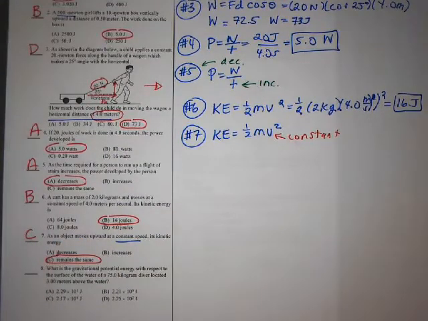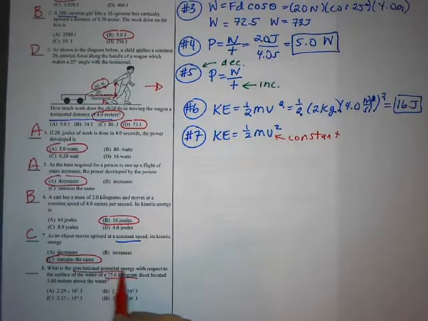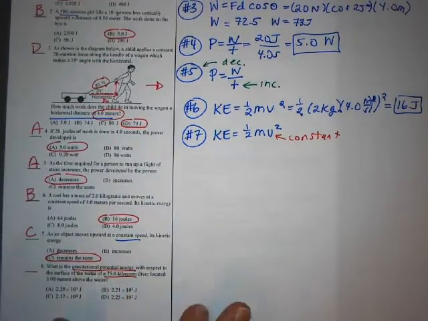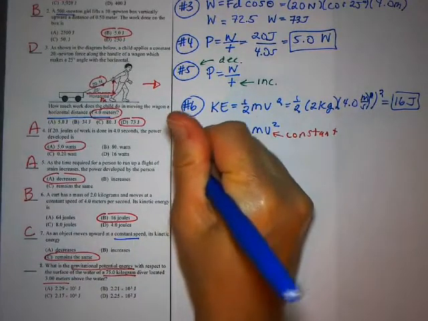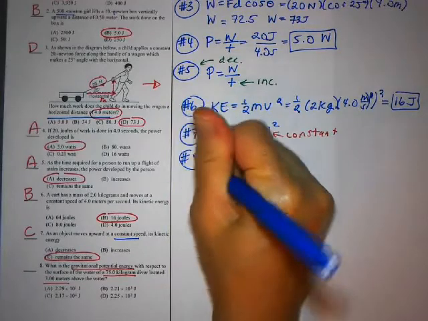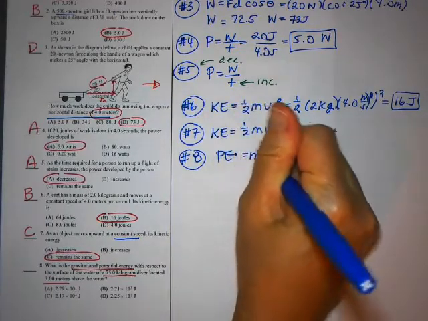Number 8, what is the gravitational potential energy with respect to the surface of the water of a 75 kilogram object located 3 meters above the water? So for number 8, potential energy is mgh.